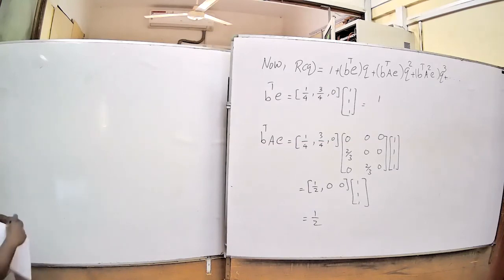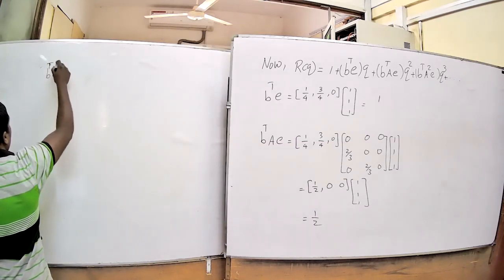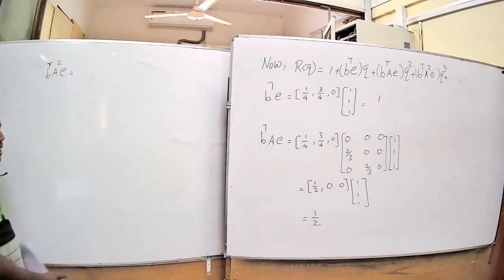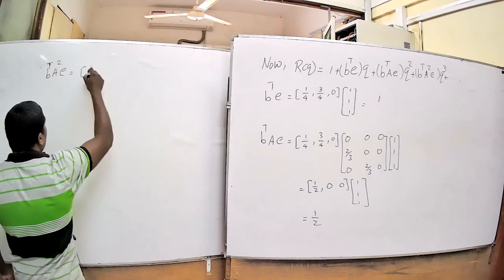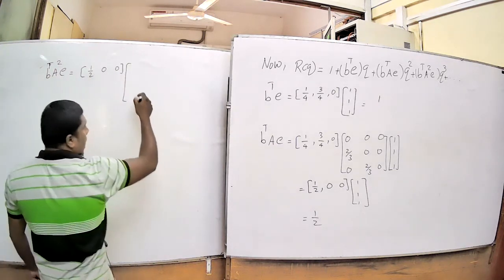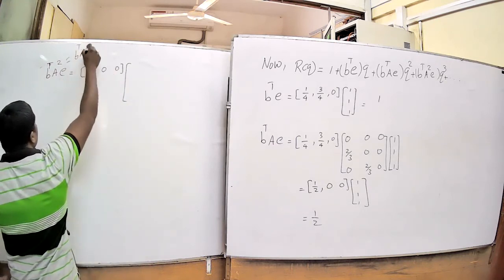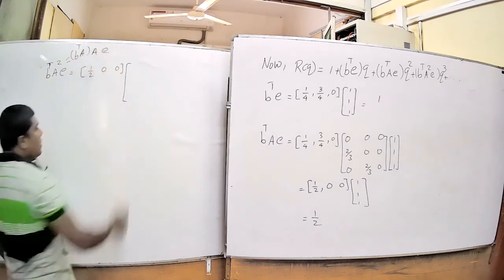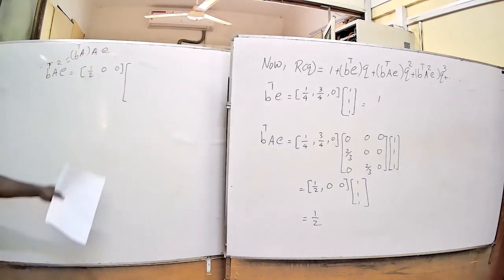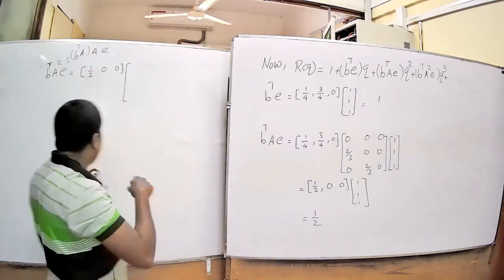Okay, so then you find B transpose A squared. I already have B transpose A, so let me write it down. A again, so this is B transpose A times A, right? I already have B transpose A multiplied here so that it is easy for me to use it.